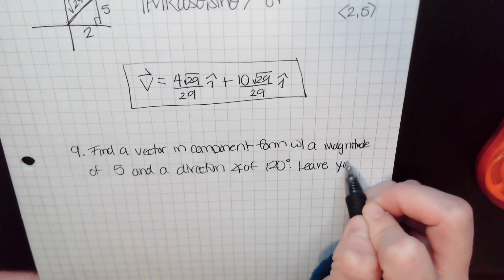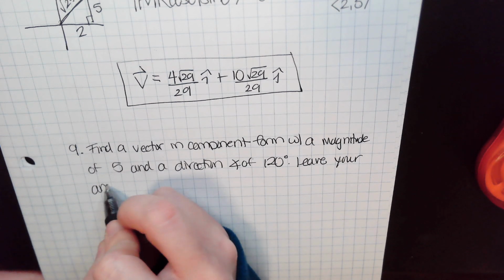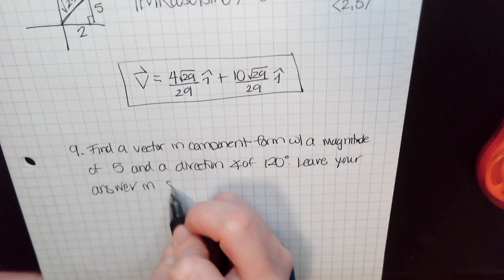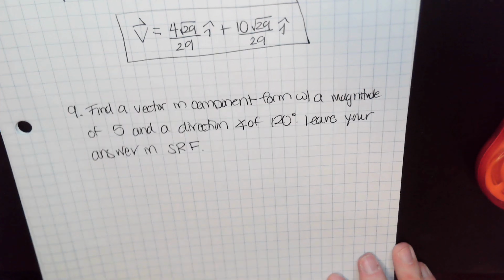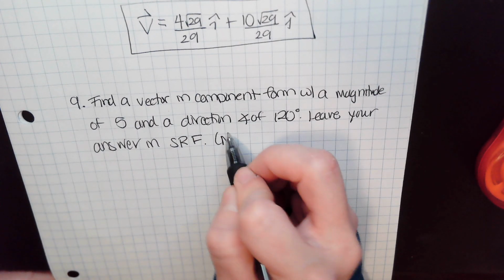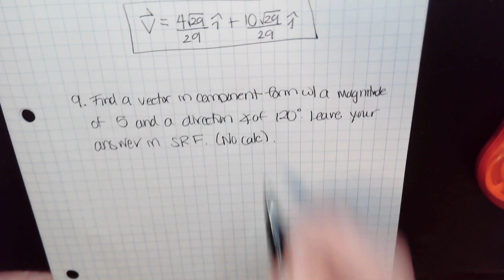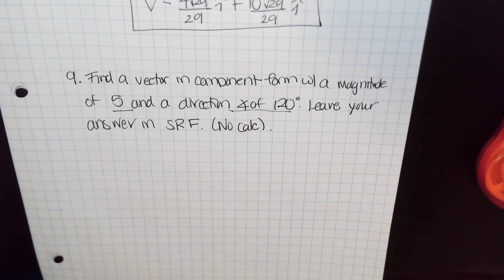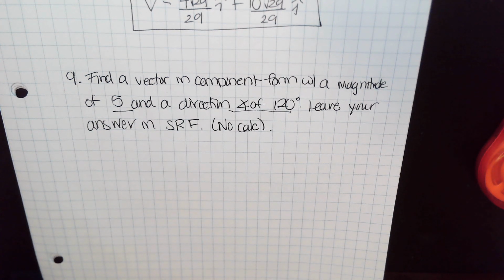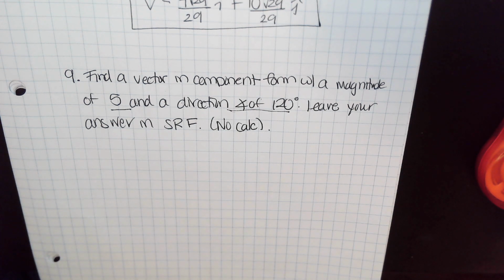Put your answer in simplest radical form, SRF. This is one that you should be able to do without a calculator. So you're given the direction angle and the magnitude. If you need help, use number 6 for help.